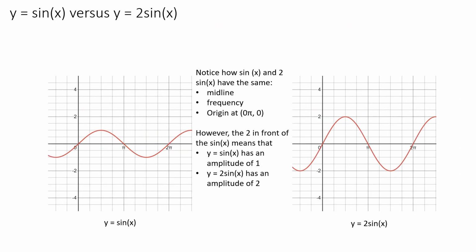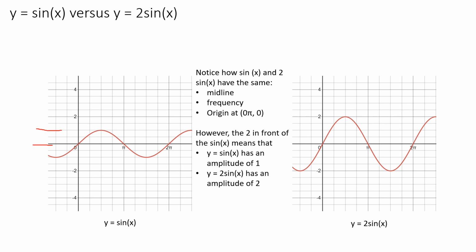Now we're going to do a little bit more advanced functions. So I want you to notice this. And these aren't hard to do. It's just a matter of interpretation and recognizing what numbers you're looking at. If I've got y equals sine x versus y equals cosine x, well, this is y equals sine x on the left here. And if you notice, my amplitude is 1.